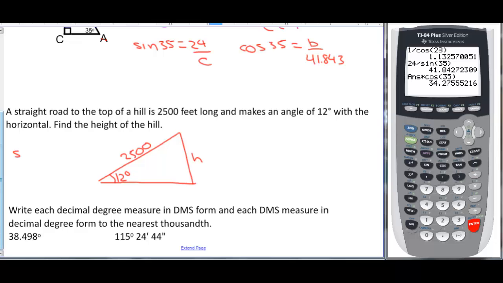That is sine of 12 equals h over 2,500, so we need to multiply. 2,500 times the sine of 12, and I know my calculator's in degrees. So h is equal to 519.779, and that's going to be feet.